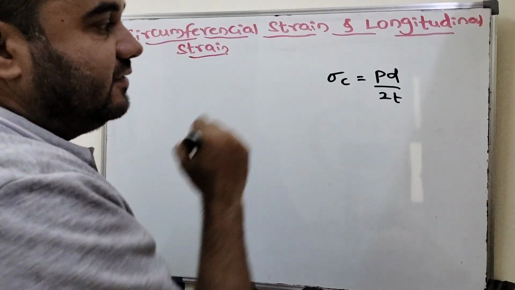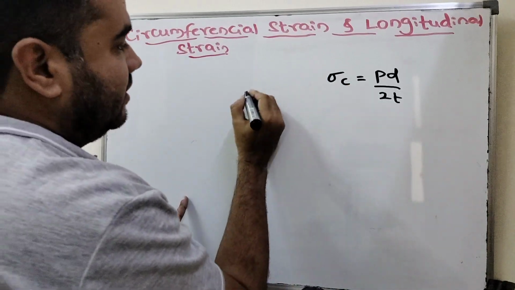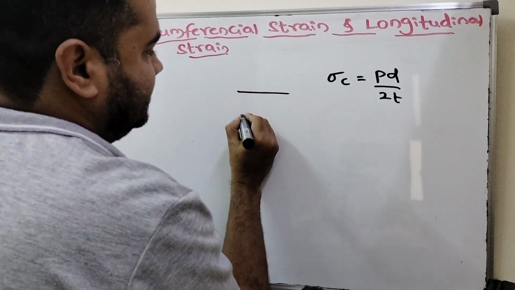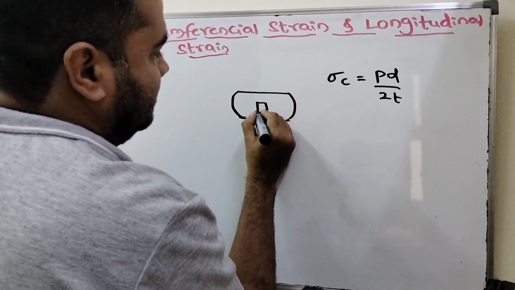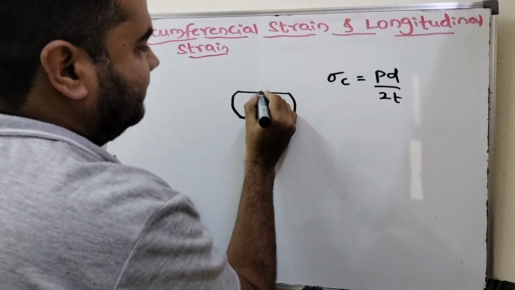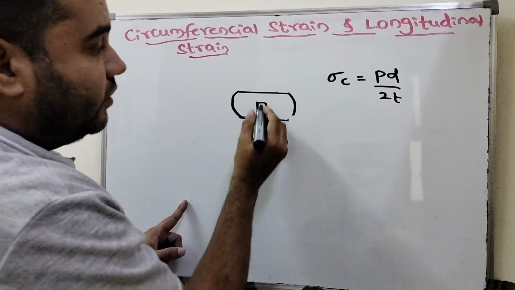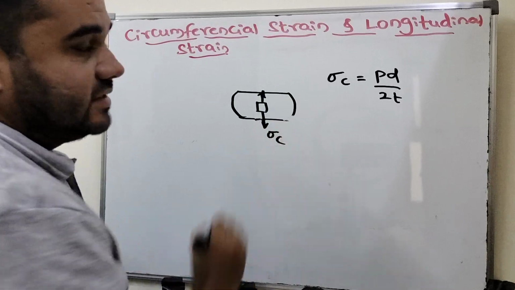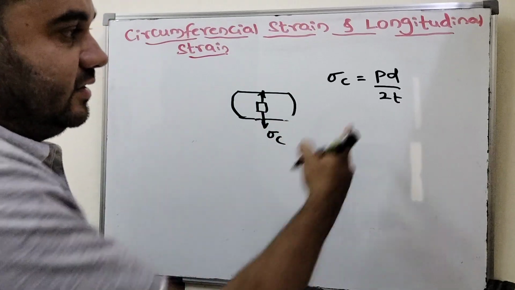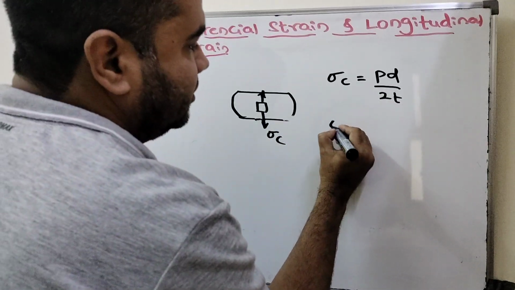This is the circumferential stress developed inside the cylinder. If you consider a point on the cylinder, this is along the circumference, this is the circumferential stress. How about the longitudinal stress we derived?